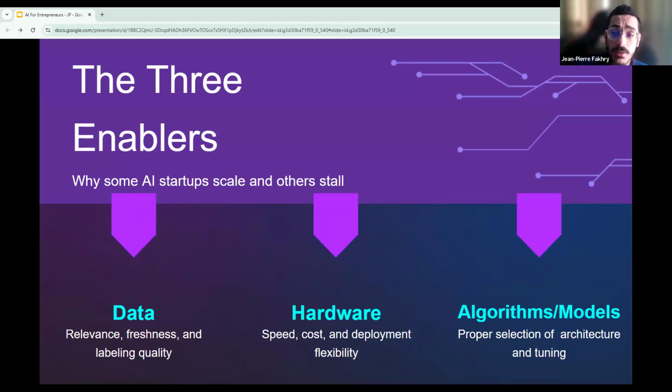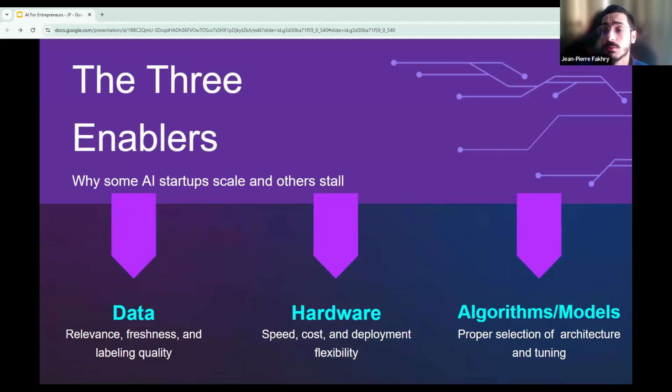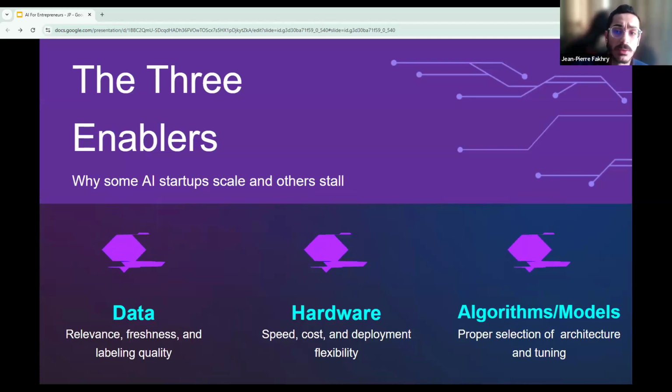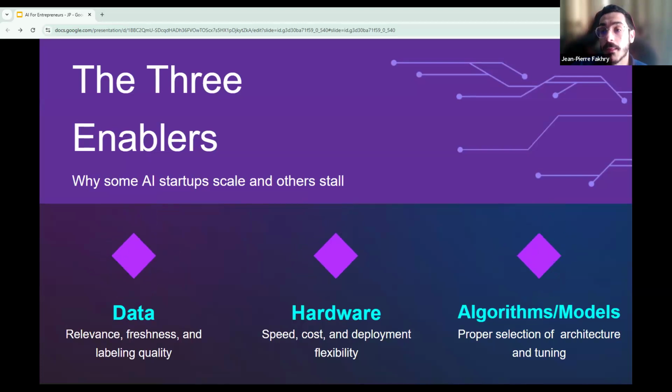And lastly, we have the algorithms and models. And these are the intelligence layer. So these are also important. Now, for Lebanese founders specifically, if you're building a startup for Lebanon, data access is often the hardest barrier, since we are a country that doesn't have that much of a data culture. And also, it's the biggest opportunity.